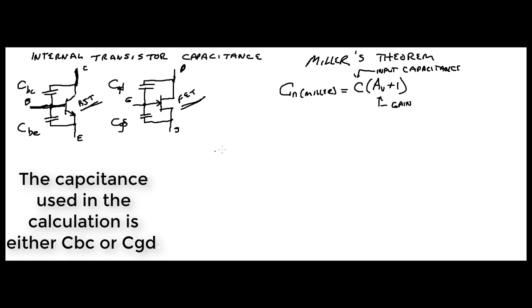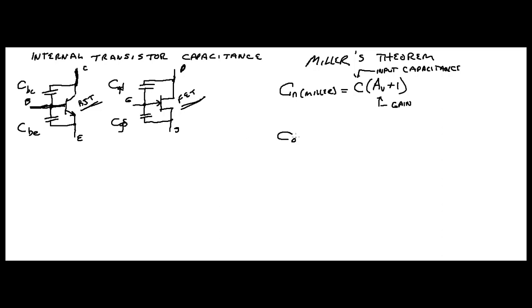Now we also have something else. If we have C in Miller, we're also going to have C out Miller. Let me just fix that C real quick to make sure it looks like a C. There we go. That's a little better.